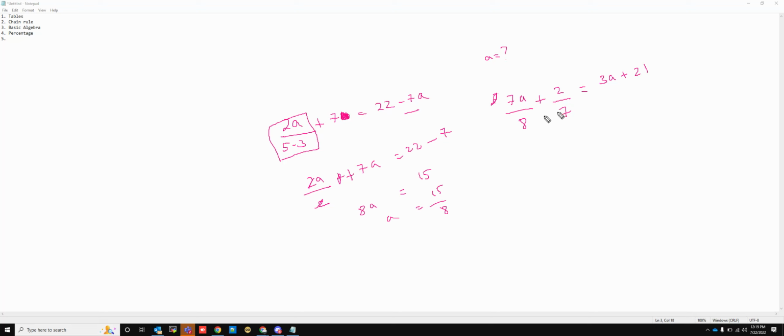From this you have to find a. See, any problem can be solved in multiple ways, right? So we'll try to solve one of them.